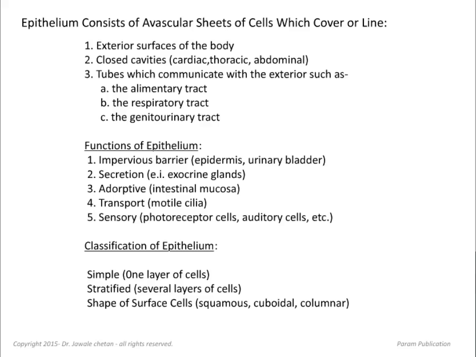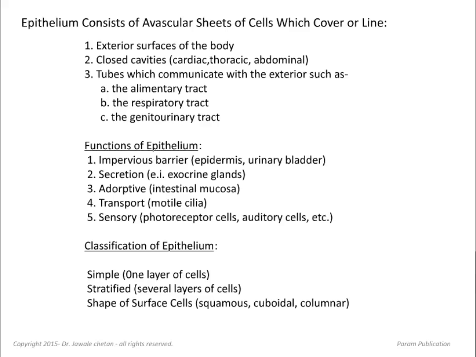Again here the internal lining of the alimentary canal is made up of epithelial tissue as well as the external lining. In the respiratory tract, the internal lining of all the tubes in the respiratory system is epithelial tissue. Then the genitourinary tract, that means the tubes in the reproductive and urinary systems, their internal and outer cells are all epithelial tissues.